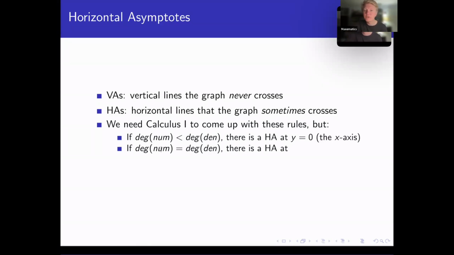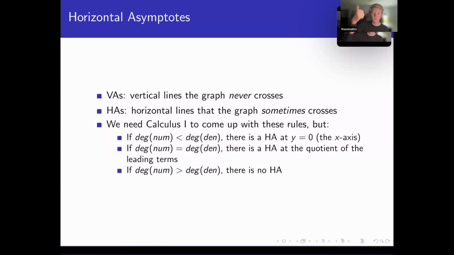If the degrees are equal, then there's a horizontal asymptote at the quotient of the leading terms. Okay, that one's kind of weird. We'll come back to that one. However, if the degree of the numerator is bigger, there is no horizontal asymptote. So it's either going to be y equals 0, the quotient of leading terms, or no horizontal asymptote.